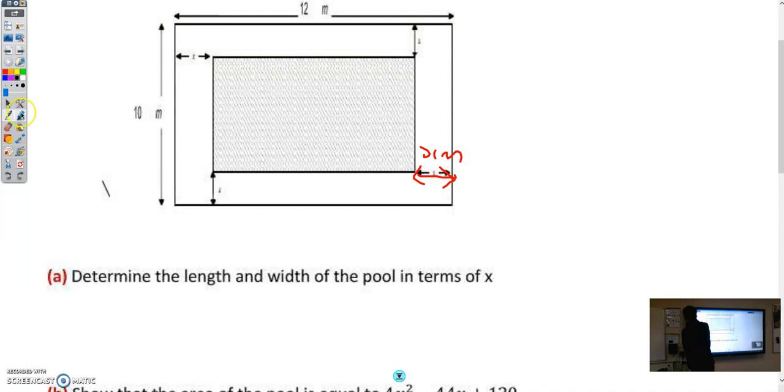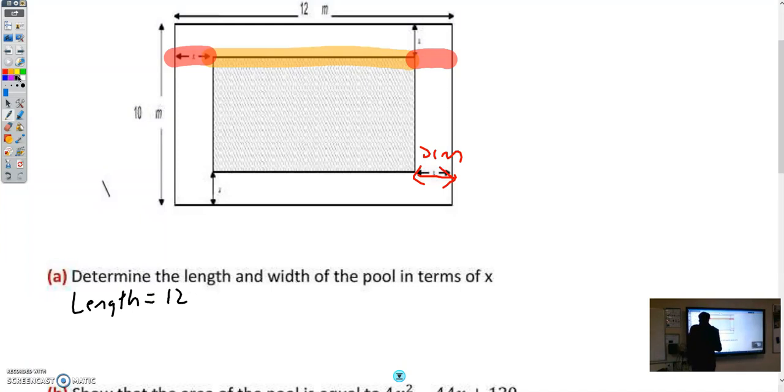So if we have a look, this length here is equal to our 12 meters, take away 2 lots of X. So our length is equal to 12 take away 2x.